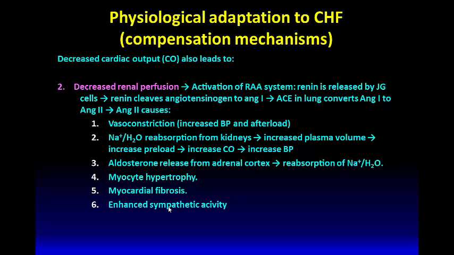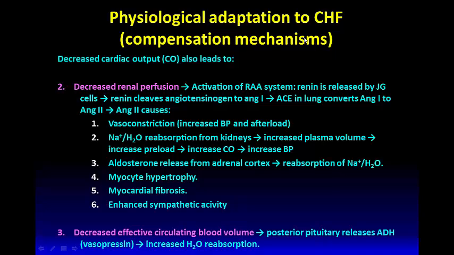Another compensatory mechanism which develops in congestive heart failure is when the effective circulating blood volume decreases. The actual blood volume in fact increases in heart failure, but the effective circulating blood volume decreases. And when this happens, the posterior pituitary gland releases antidiuretic hormone vasopressin, which increases water reabsorption from the kidneys and also causes vasoconstriction.